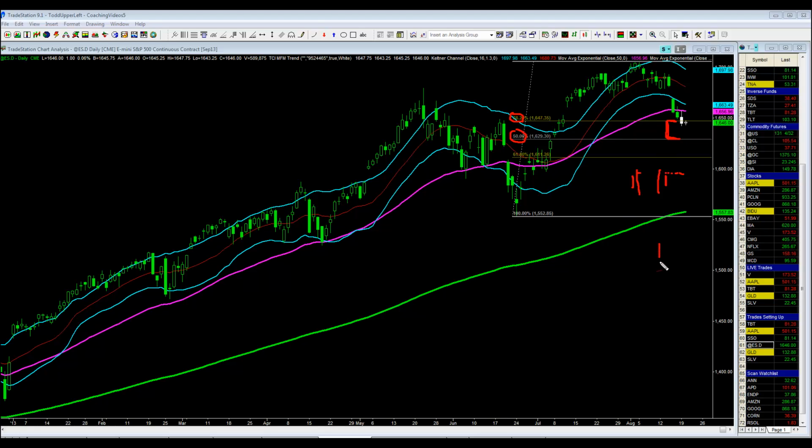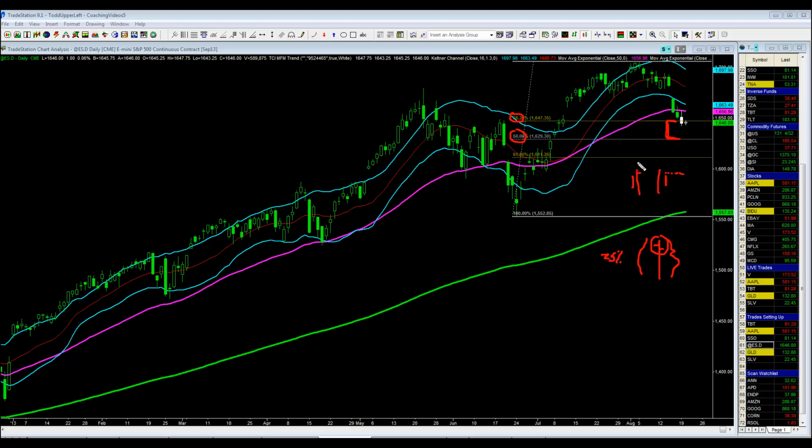And again, open and close would need to be in the top quarter, and preferably, the range of the bar roughly about 25% larger than the prior three. So open and close in the top quarter. So I'd like to see one of these price patterns occur somewhere in here.